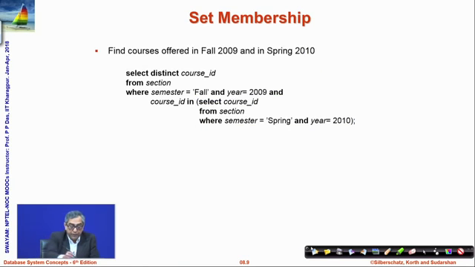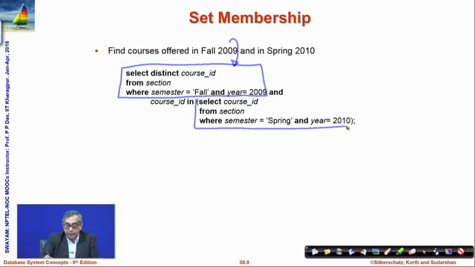So, what do we have? In one part, courses that happened in fall 2009. In the other part, courses that happened in spring 2010. Good. Now, what do I want? I am interested in the courses that happen in both.